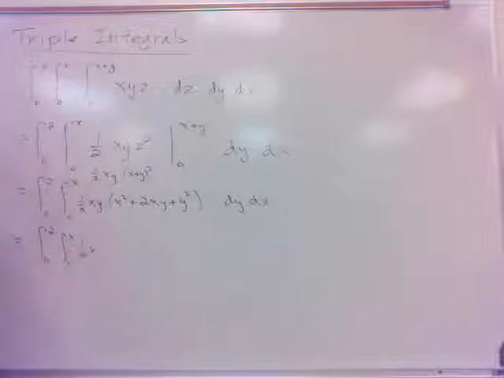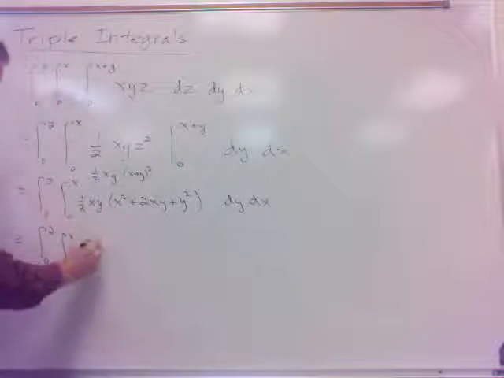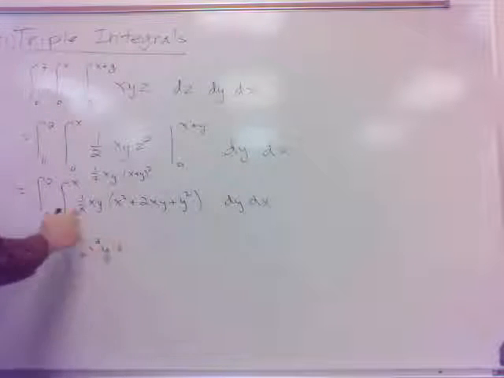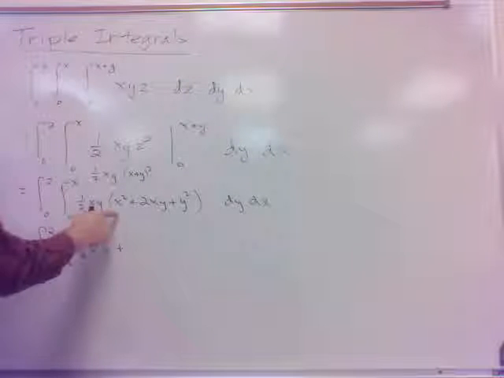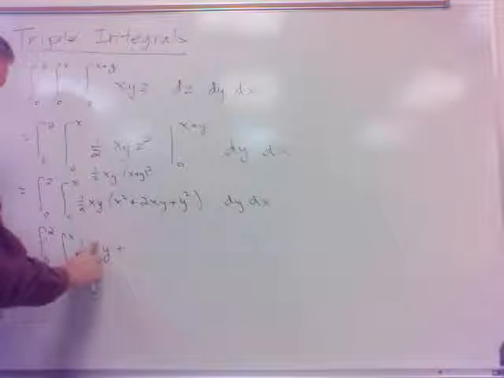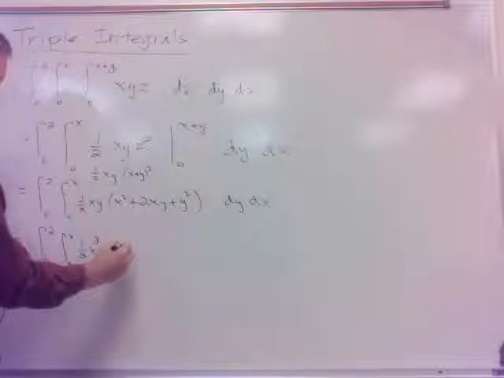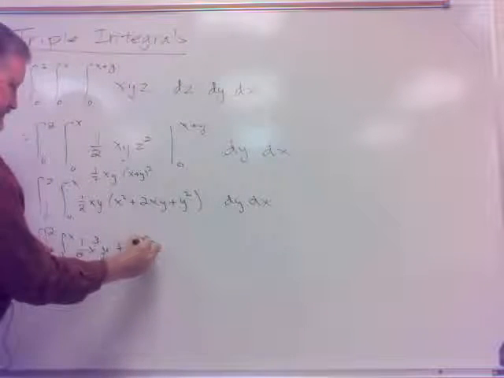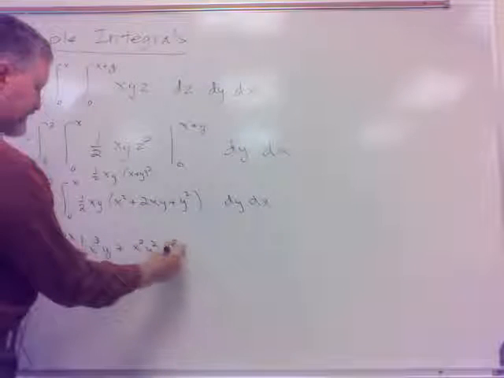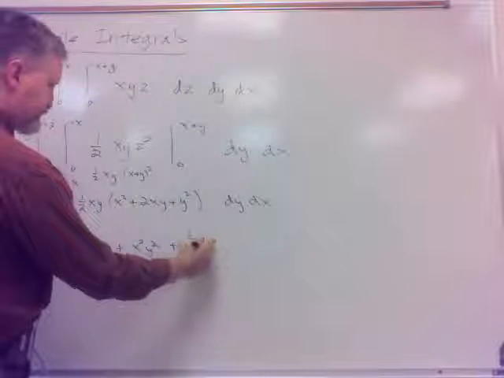It gets kind of ugly sometimes. 1/2 xy inside there, so it'd be 1/2 x cubed y. And then 1/2 times 2xy would be just x squared y squared. And then 1/2 xy cubed.